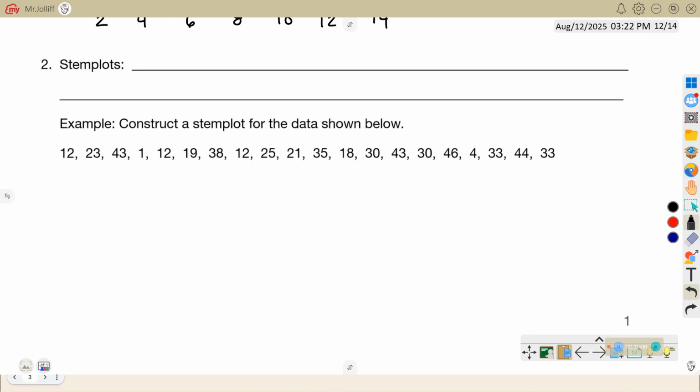All right, stem plots, a little bit weirder. Very first thing we're going to do is we're going to take our numbers and we're going to split them into two pieces. The very last digit is going to be called the leaf.